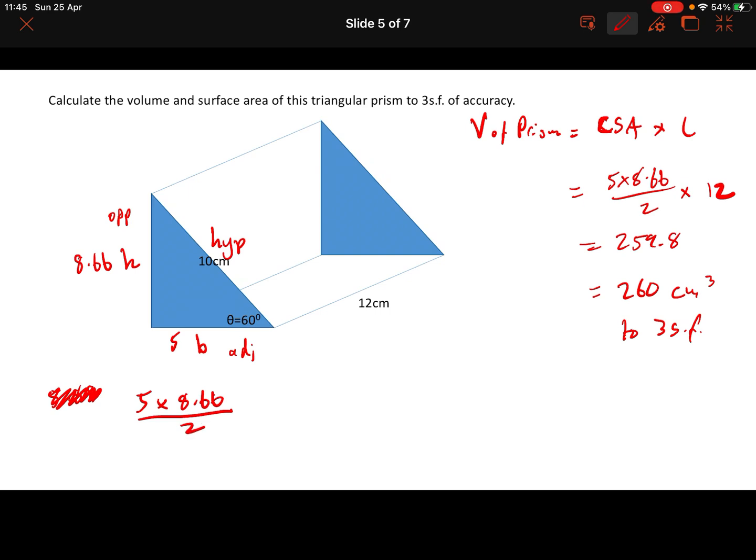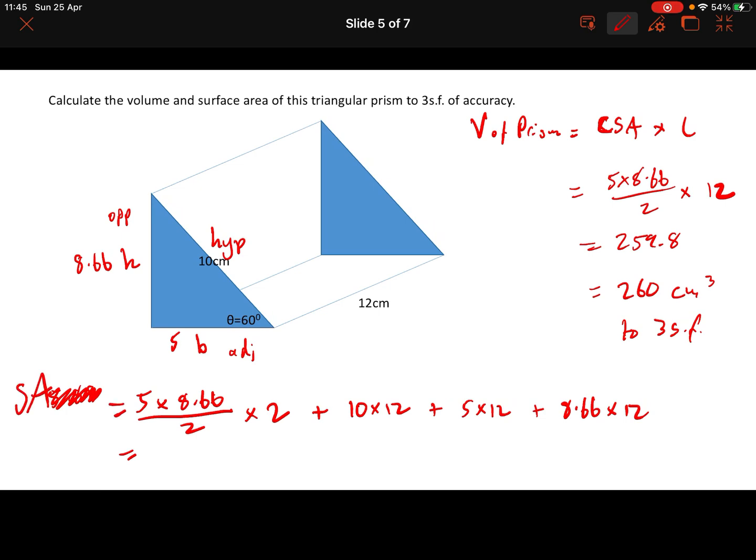That's the area of one of the triangles, and there's 2 triangles. Plus, there are 3 rectangles. There's one rectangle which is a 10 by 12 rectangle. There's one rectangle which is a 5 by 12 rectangle. And there's one rectangle that's an 8.66 by 12 rectangle. So this is helping us find the surface area.